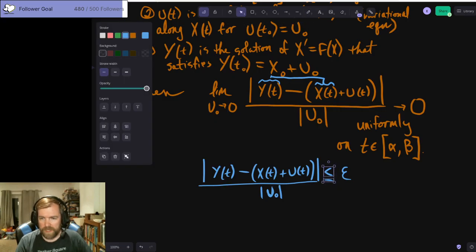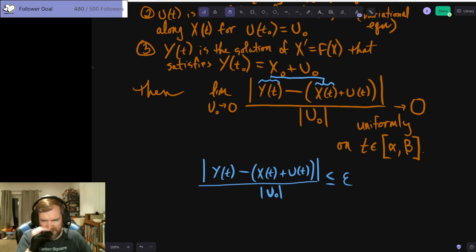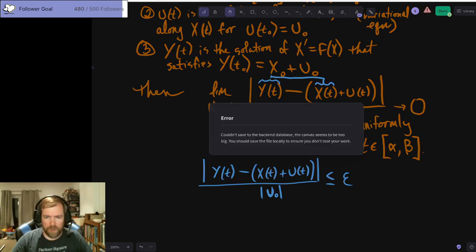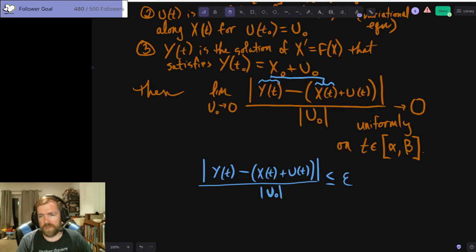So we can always pick some sort of successively smaller u sub 0, which is then going to cause us to be, no, sorry, other way around.